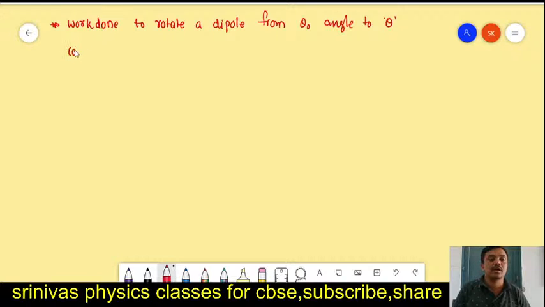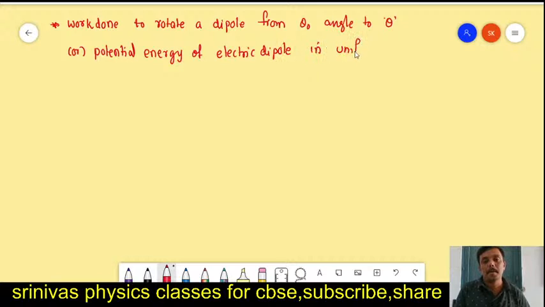Or they will also ask this question like this: potential energy of an electric dipole in a uniform electric field. It is a very important topic. Many times it is repeated in the board exam.